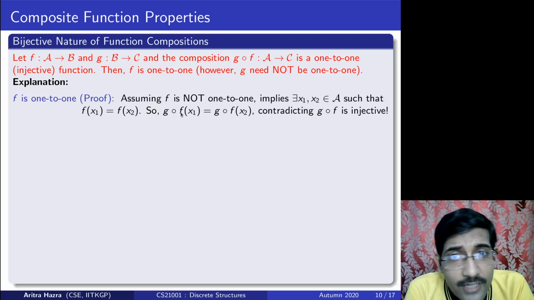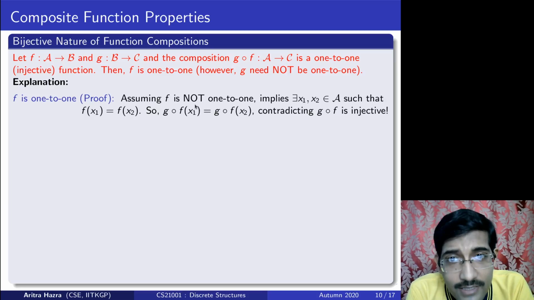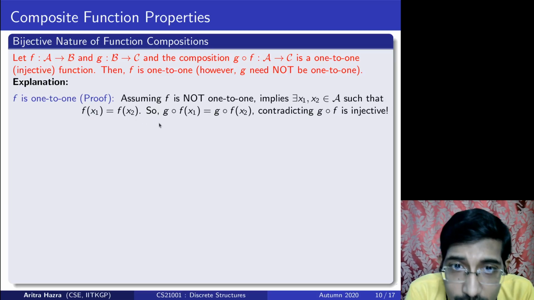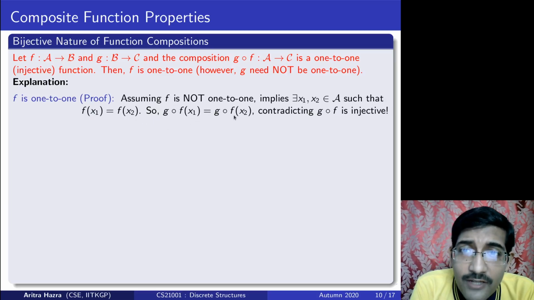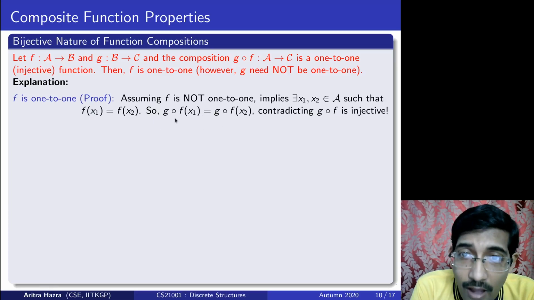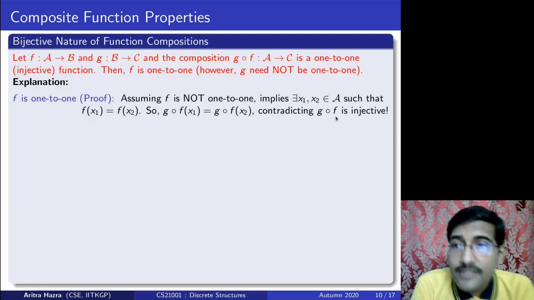Now what does g∘f(x1) result in? It will be equal to g∘f(x2), because if f(x1) equals f(x2), then g of that will also be the same, because it's a function. The same element applied to a function should result in the same output. So this contradicts that g∘f is injective.